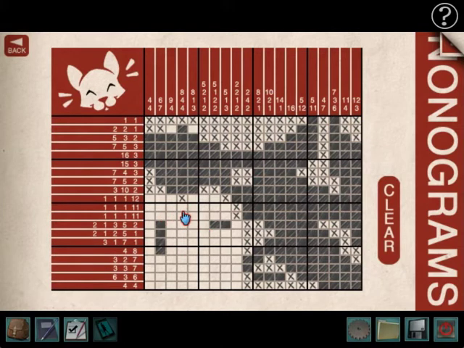Okay. 4 and 4 for this. Well, at least we've got an X there, which helps with this. So 4, 4, or we could do this. Either way, it seems that these are the ones that are filled in, so I'm just going to go ahead and leave those be for now.